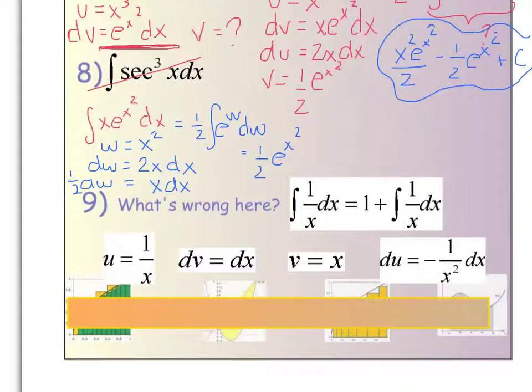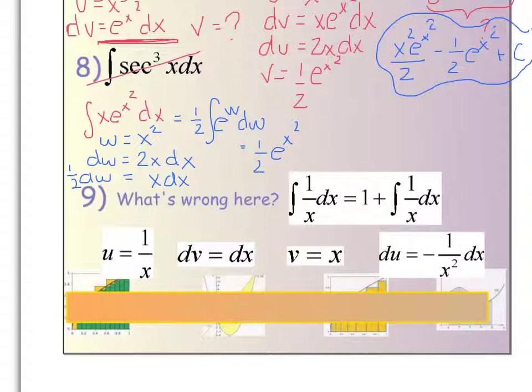I would like you to just take a few minutes and take a look at number 9 and discuss with your table partner what you think is wrong with this. What's wrong with this statement? Especially if I let u equal 1 over x, dv is equal to dx, v is equal to x, and du is equal to negative 1 over x squared.